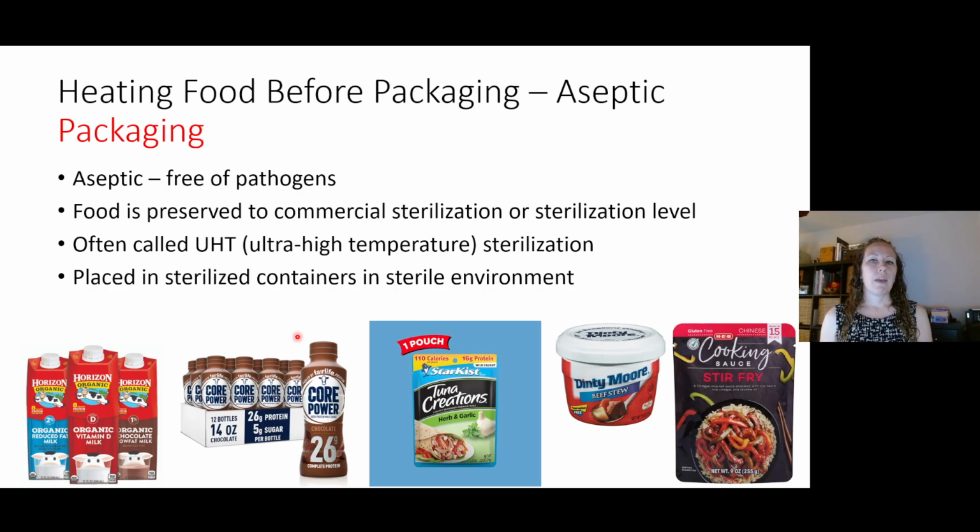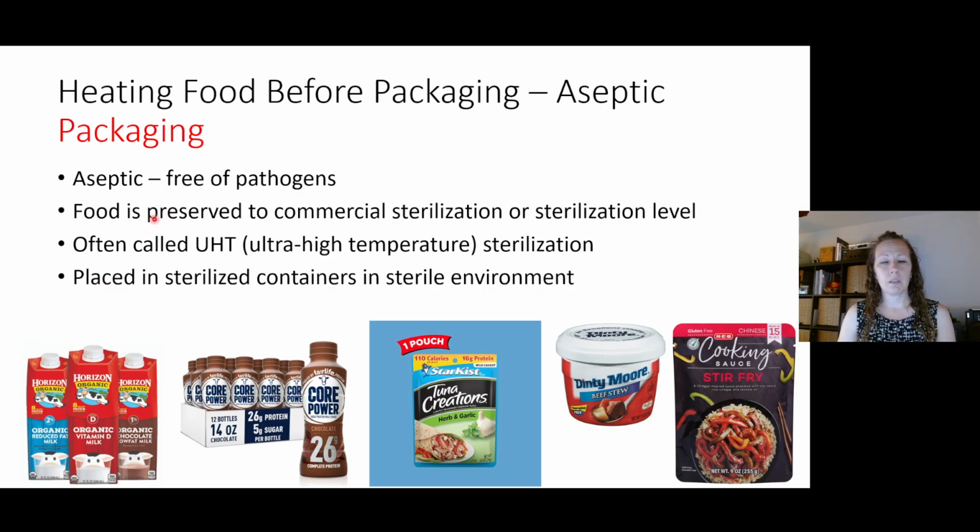Okay, the third method of heating food before packaging, and the last one that we'll talk about, is aseptic packaging. The book calls it aseptic canning, but I prefer the term aseptic packaging. That's used more often. In fact, the book almost slips up in one part and does call it aseptic packaging. So that's the term I'm going to use.